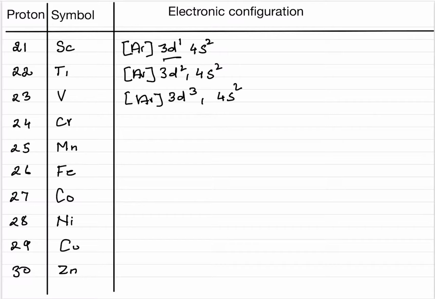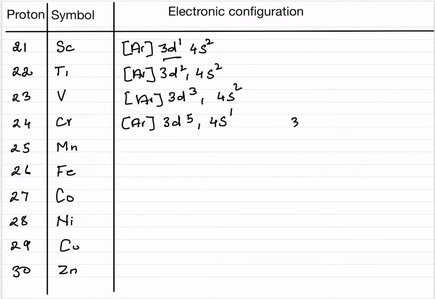Let's move on to chromium. Chromium will be, again, let's put argon there and 3d5 4s1. Now if you look at this, you'll wonder why we wrote 3d5 and 4s1, not 3d4 and 4s2.